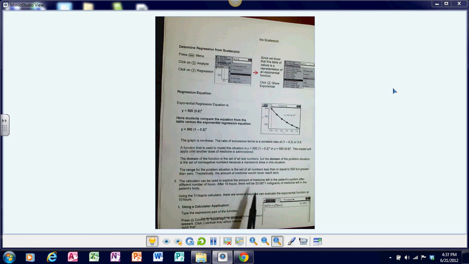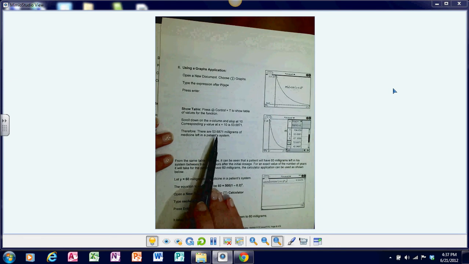If we know that we're asking for something after 10 hours, we can plug in the 10 for the x. When you do that, you end up with 53.6871 milligrams of medicine left in the patient's system.